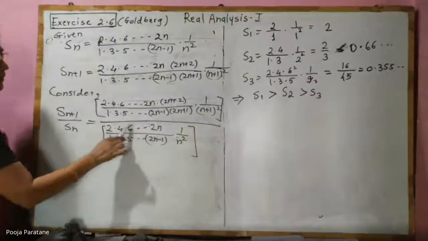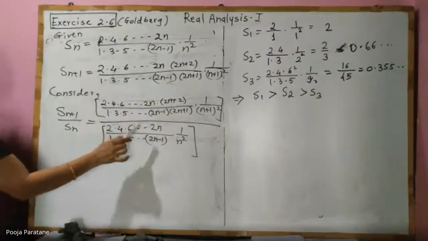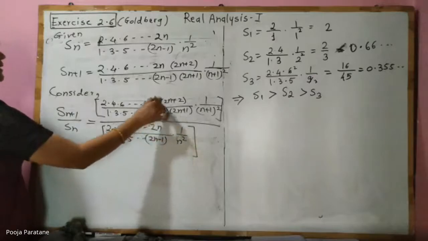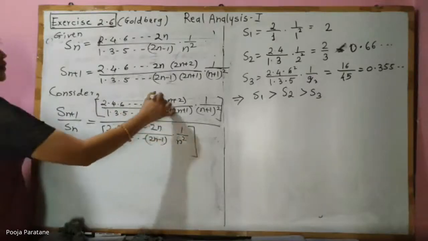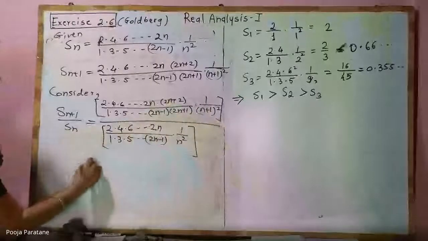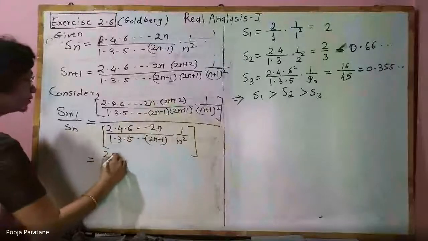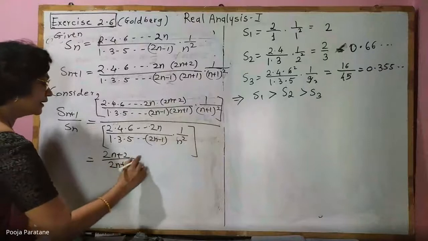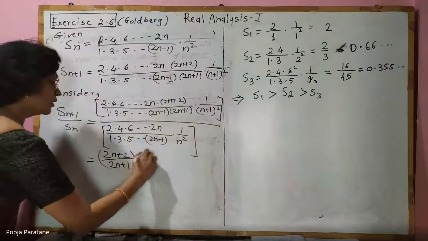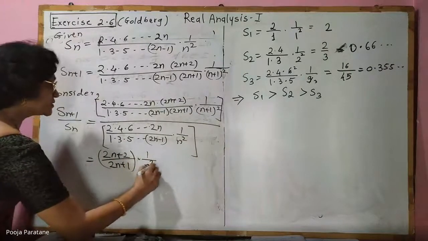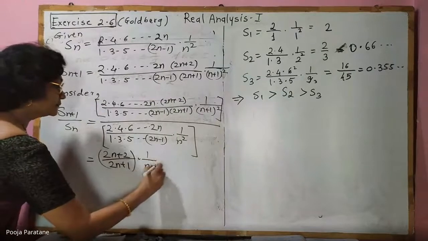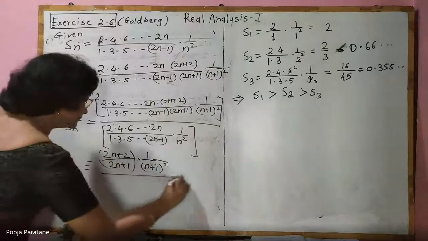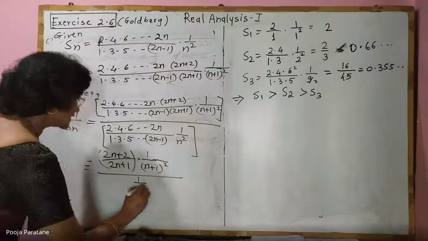Okay. Now this part up to 2n and 2n minus 1 is common here and it will get cancelled. So the only remaining things are, this will be equal to 2n plus 2 upon 2n plus 1, into 1 upon n plus 1 square, upon 1 upon n square.